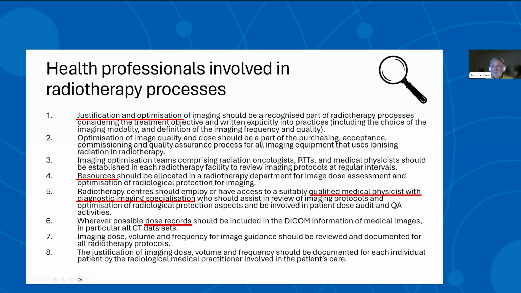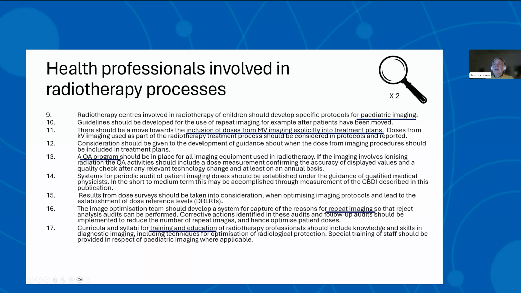And then there are the dose records, and the idea is really that we all felt that inclusion of doses from MV imaging really must be explicitly included in treatment plans. For KV imaging, that's still a bit further off, and it requires Monte Carlo calculations, but it is something manufacturers should really consider as something to be implemented.